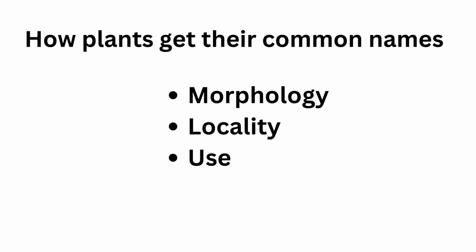Most Zulu names of plants are based on the use and morphology, and occasionally you have names that are based on locality. I'll go through each of the three things that I've mentioned in detail.